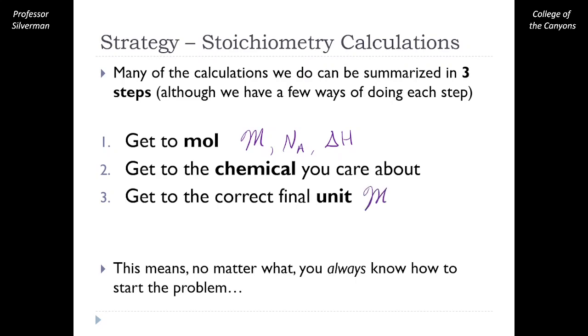At the end of our steps, we can use the molar mass, Avogadro's number, or that value for delta H. In the middle, we like to use our balanced reaction to convert from one chemical to another. We're just adding on a tool we can use in the beginning or at the end.